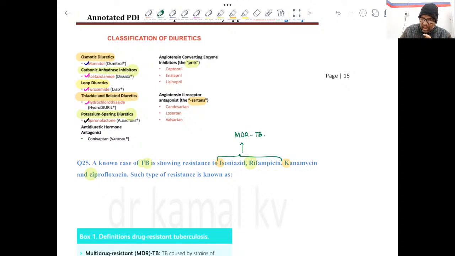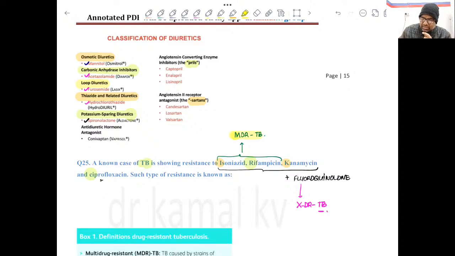Clear? And if there is resistance to these three plus fluoroquinolone, that is ciprofloxacin here, this is extensively drug resistance tuberculosis. Clear?